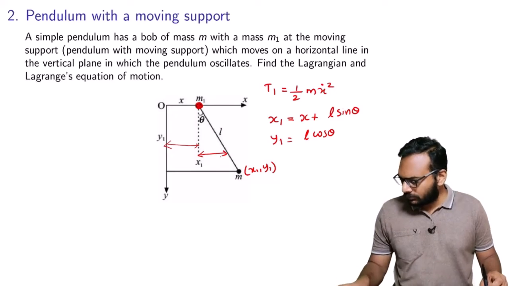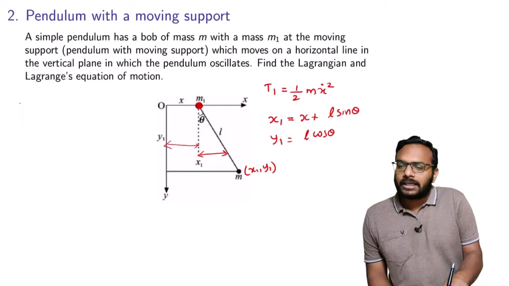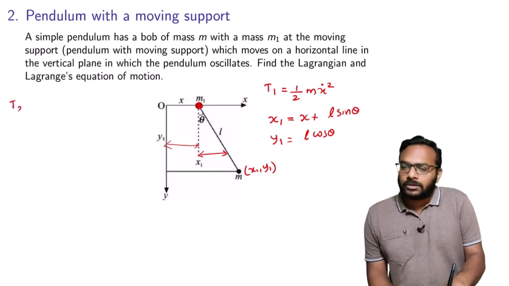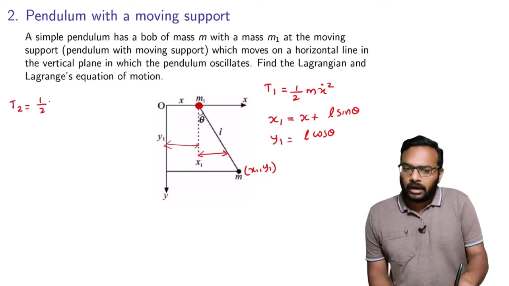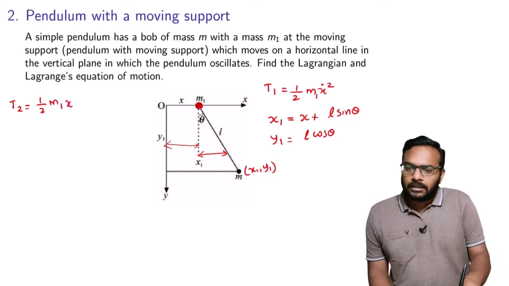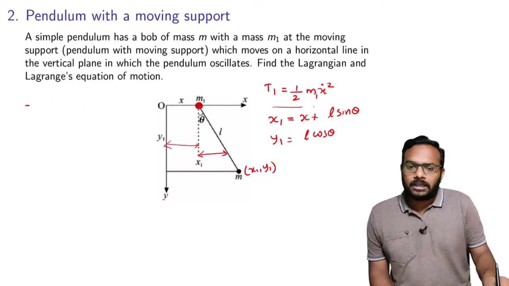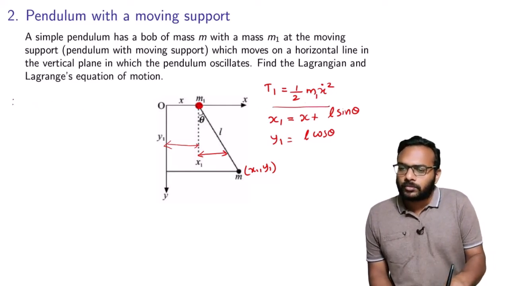All right. Now we can find the kinetic energy T2. Sorry, the mass is m1, that was T1. So we need to find T2.